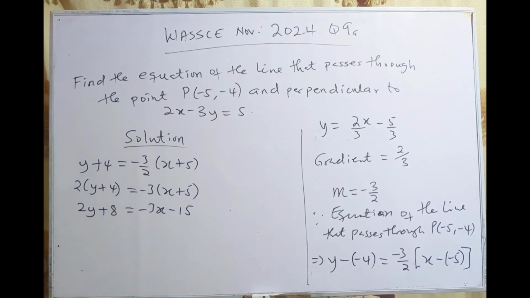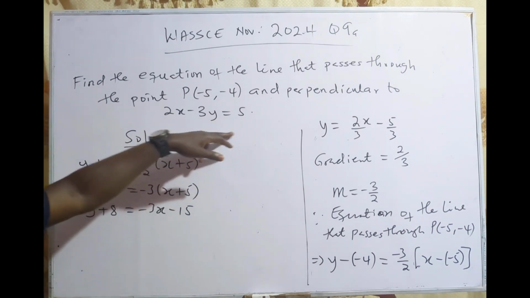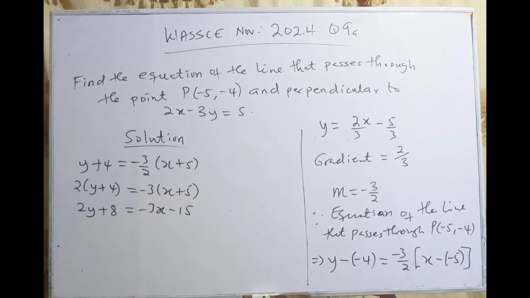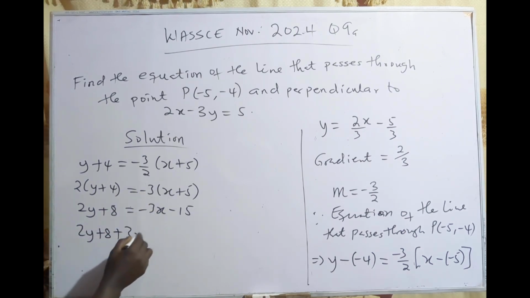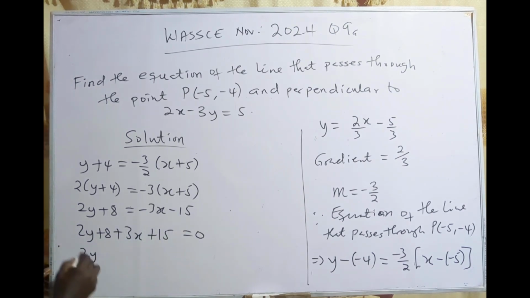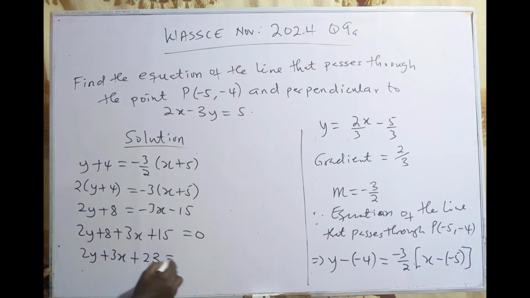So what we can do is bring everything to one side and equate it to 0, or you can put the variables on one side and equate to the constant. So 2y plus 8 plus 3x plus 15 equal to 0, so that I have 2y plus 3x, and 8 plus 15 gives us 23, equal to 0.